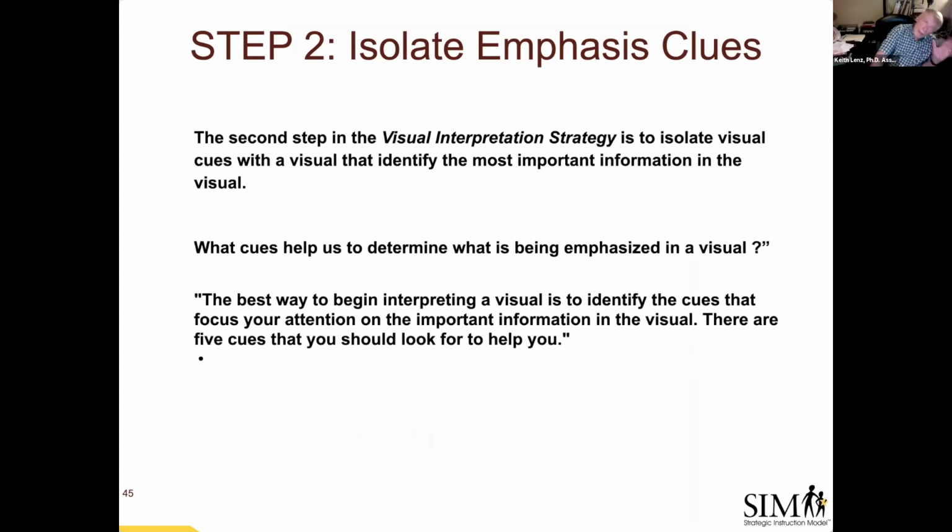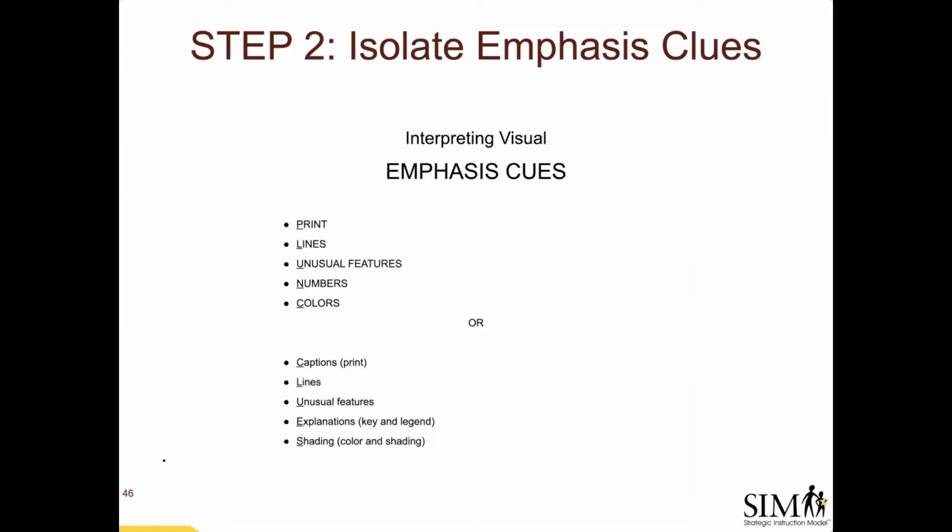So step 2 is look for emphasis cues. What inside the visual do you see that helps you interpret it, to emphasize certain things? What we look for is our print, any kind of print, captions, labels, names, titles, any lines, for example, arrows, unusual features.